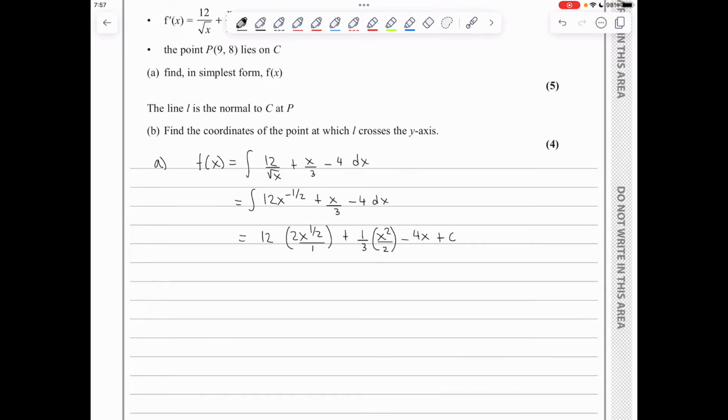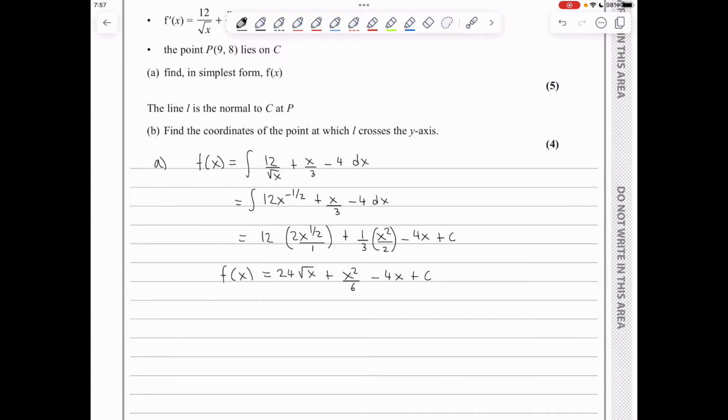We can then state that f of x should be 24 root x plus x squared over 6 minus 4x plus c. I still haven't used the fact that we passed through this point, and that's the point I'll be using to find the constant of integration c.